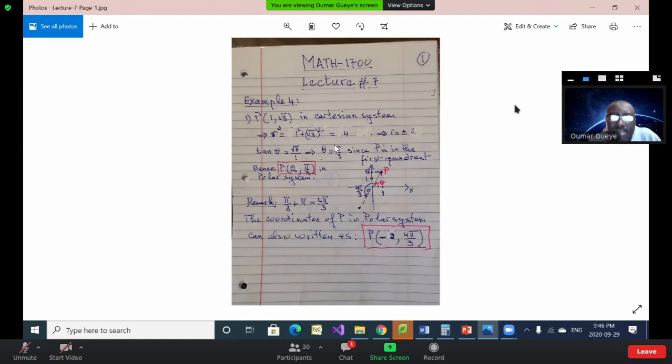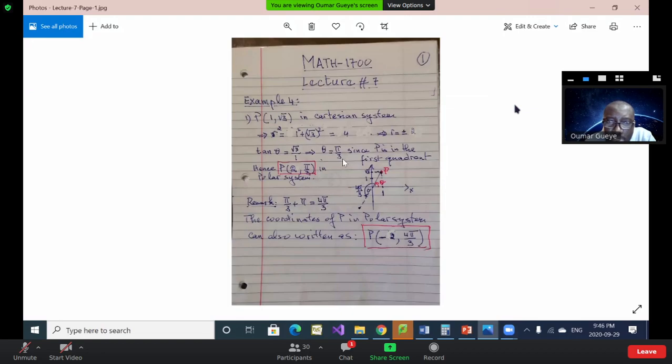And since our theta is equal to pi over 3 in this first quadrant, and my point is already there, if I want to stay in the first quadrant, my r should be positive. That's why I choose here r equal to 2 and get this point.